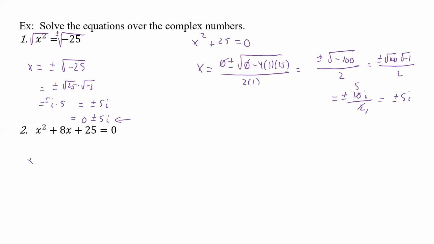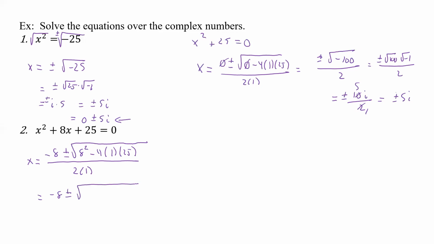All right, so to solve it, x equals minus b, so minus 8, plus or minus the square root of 8 squared minus 4 times a times c all over 2 times a. All right, so that's minus 8 plus or minus the square root of 8 squared is 64. 4 times 25 again is minus 100 all over 2.